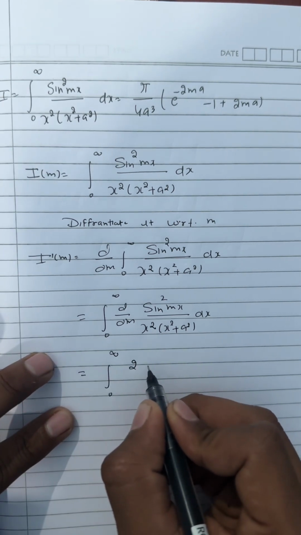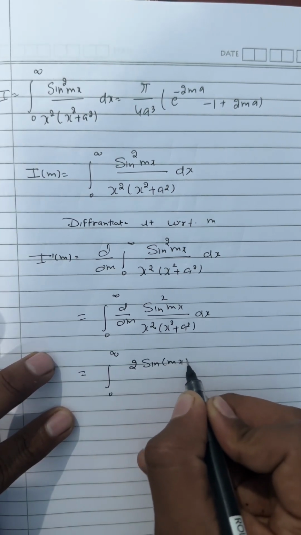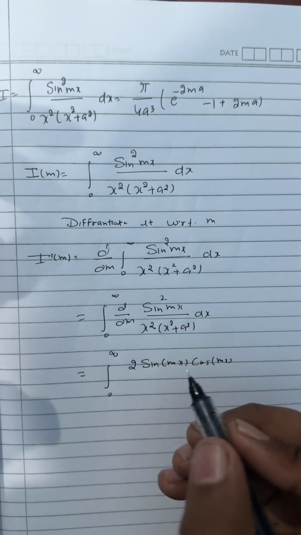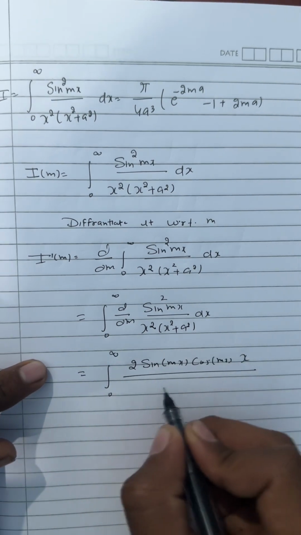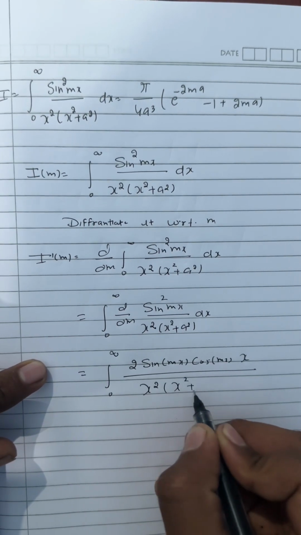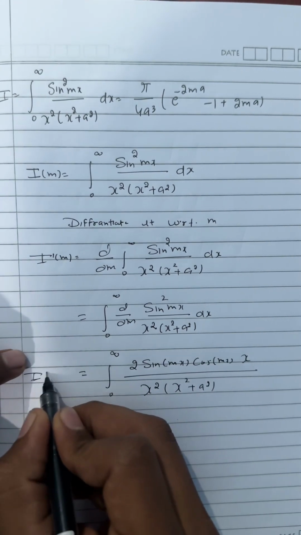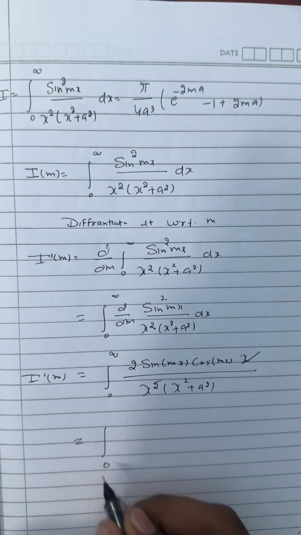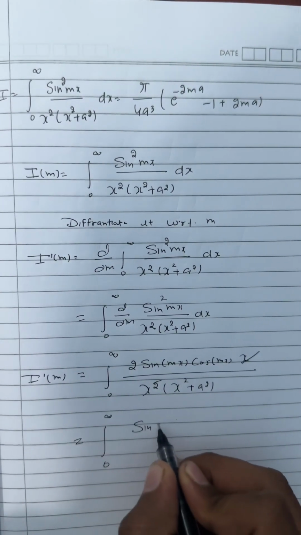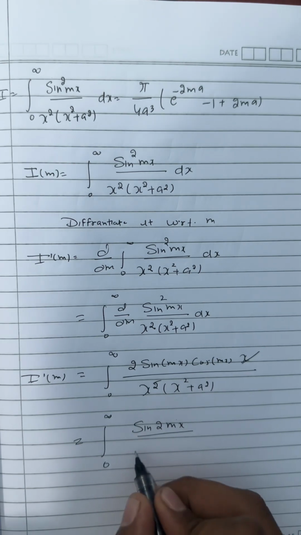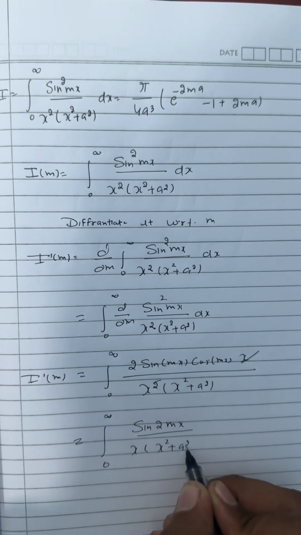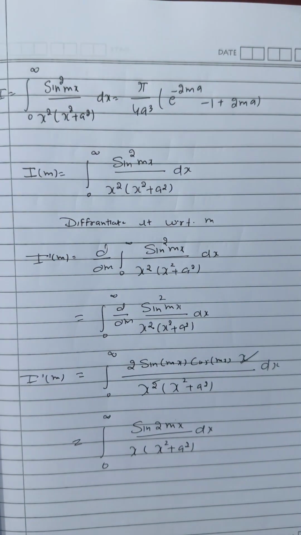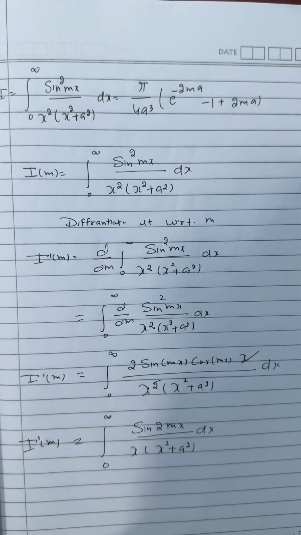It's going to be 2 sine mx cos mx, and then by chain rule the differentiation of mx is going to be x. Cancel this x with this. Use the double angle formula, that is sine of 2mx over x square plus a square, dx. Okay, this is what we get for I dash of m.